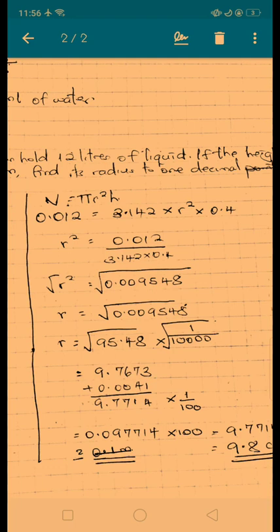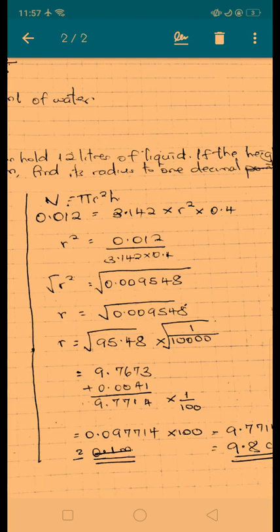Now if you look it up from your table, if you read from 95.4, you'll have 9.7673. Then if you check 8 from the mean difference column, you will get 41. And that 41, the mean difference, indicates that you need to add. So you'll add 0.0041.